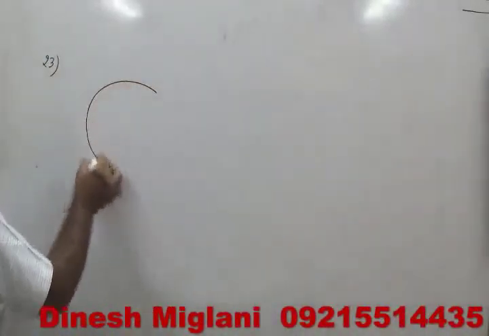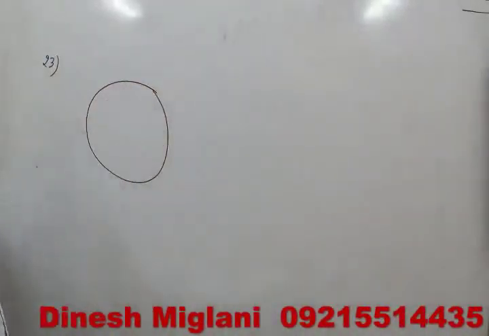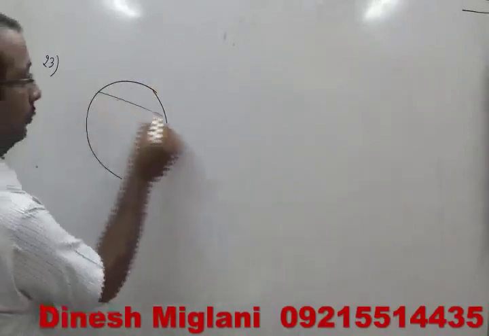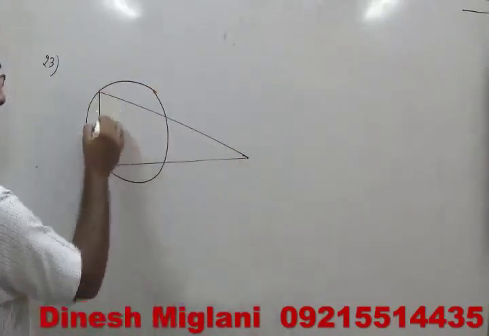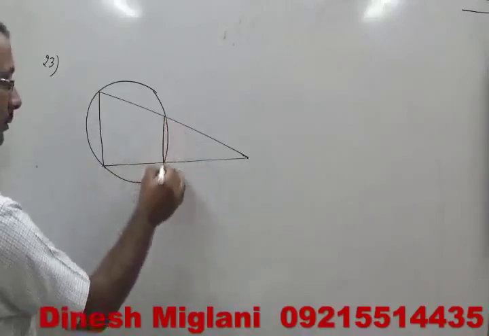Next we have question number 23 here. What is given to us? It is given that one circle is there and two lines in such a way that they meet at this point, this one and this one.